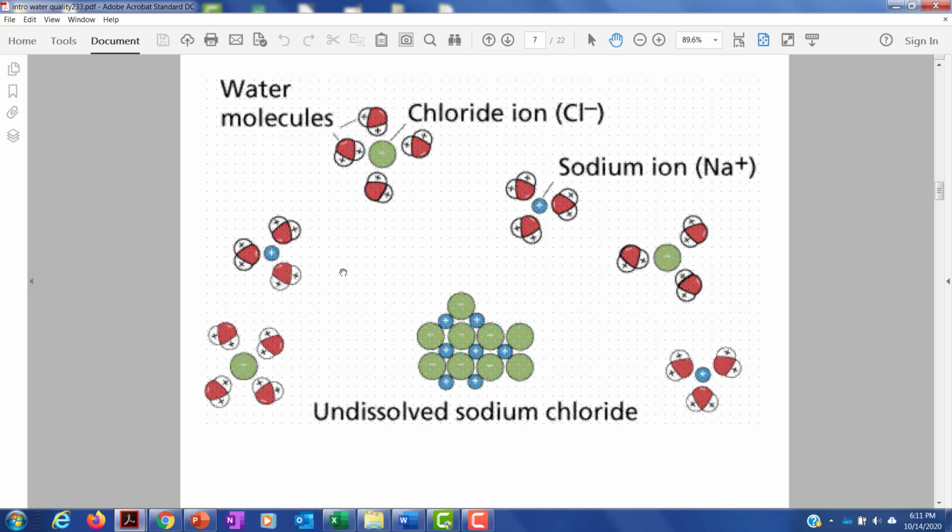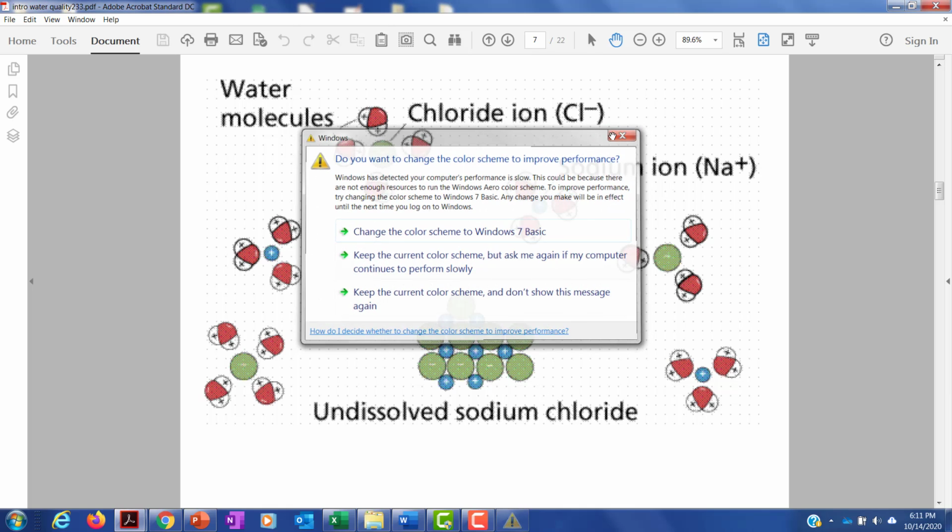Here's another cartoon of it. Let's say you had sodium chloride, which is this green and blue. Chloride is green with a negative charge, and the blue is sodium with a positive charge. Let's say it's a granular gram of salt.